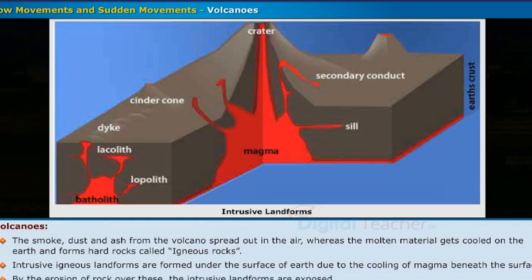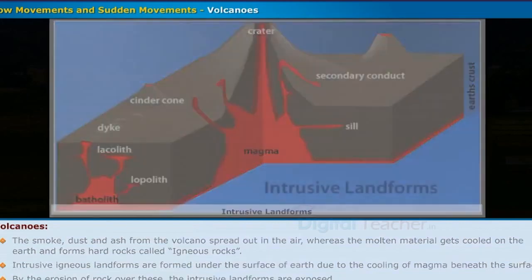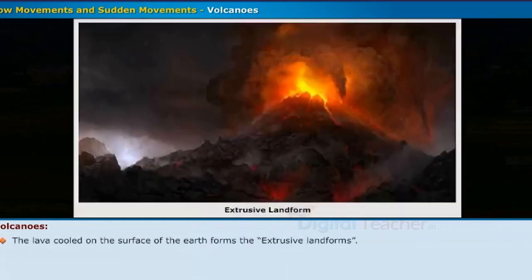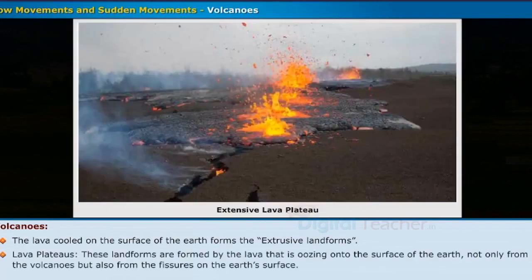By the erosion of rock over these, the intrusive landforms are exposed. The lava cooled on the surface of earth forms the extrusive landform. Lava plateaus. These landforms are formed by the lava that is oozing onto the surface of the earth, not only from the volcanoes but also from the fissures on the earth's surface.